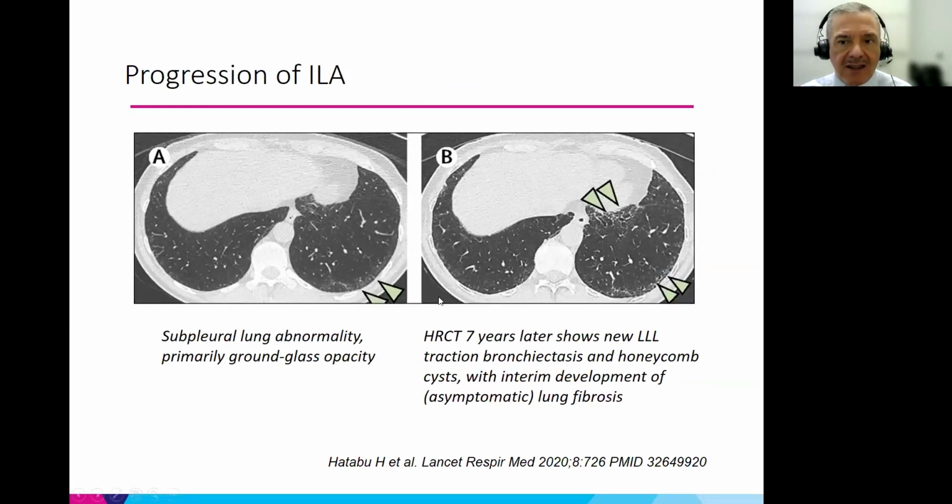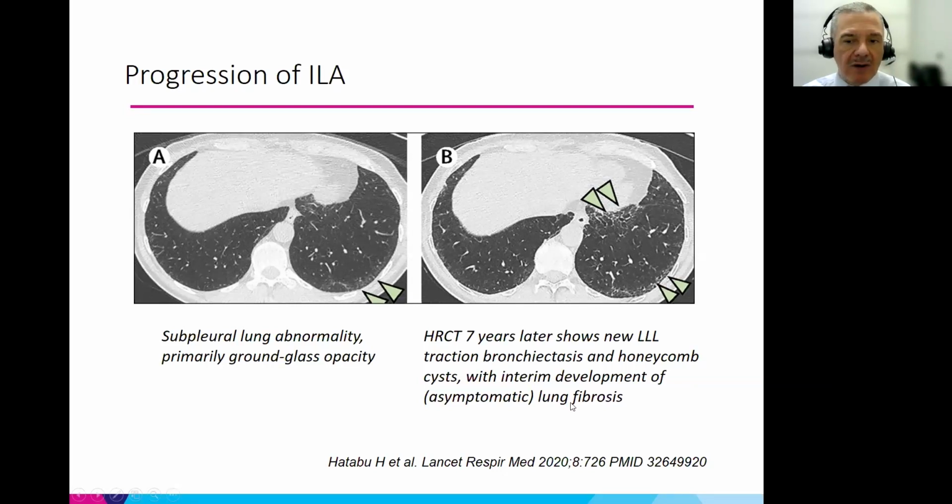The importance of these ILAs is that they can progress over time. Here is an individual in panel A at baseline where there are these findings, this little bit of reticulation here, and 7 years later, look at how long it is, those lesions have progressed, and you can see the progression also at these other locations.